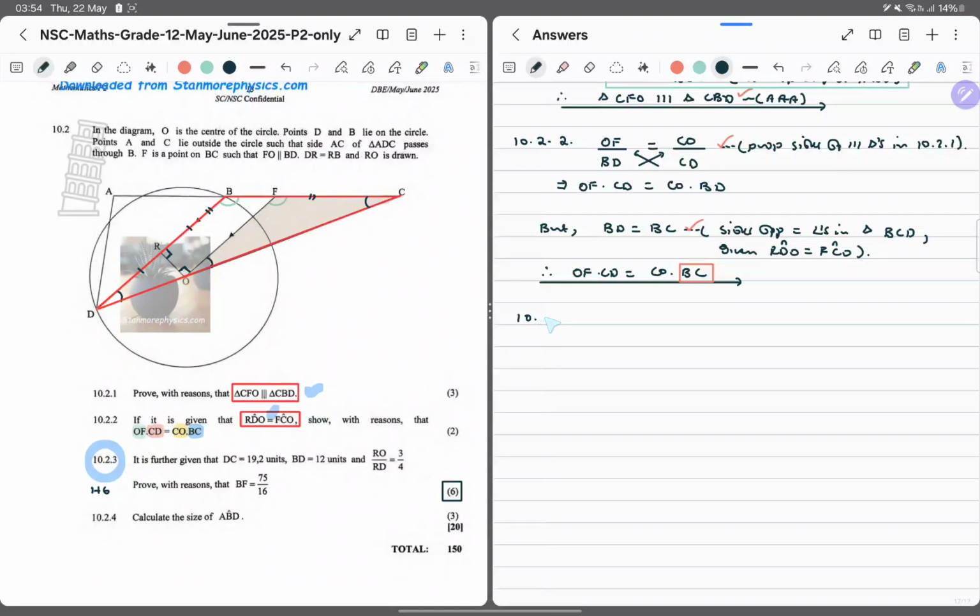So this is 10.2.3. It is further given that DC is 19.2 units. Okay, now this is an actual length. BD is 12.